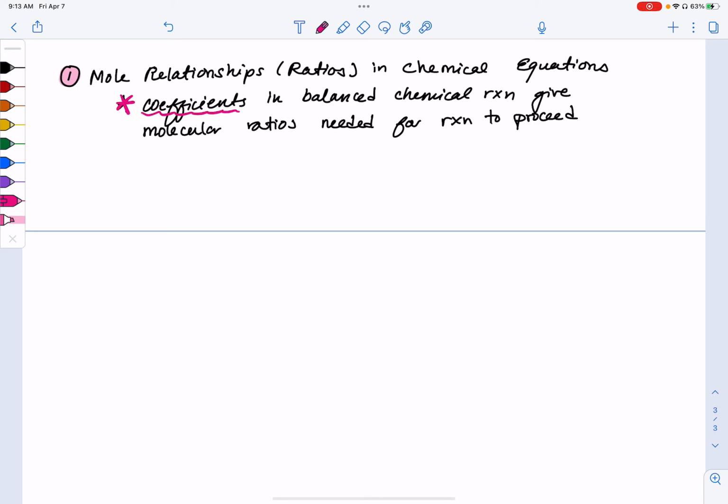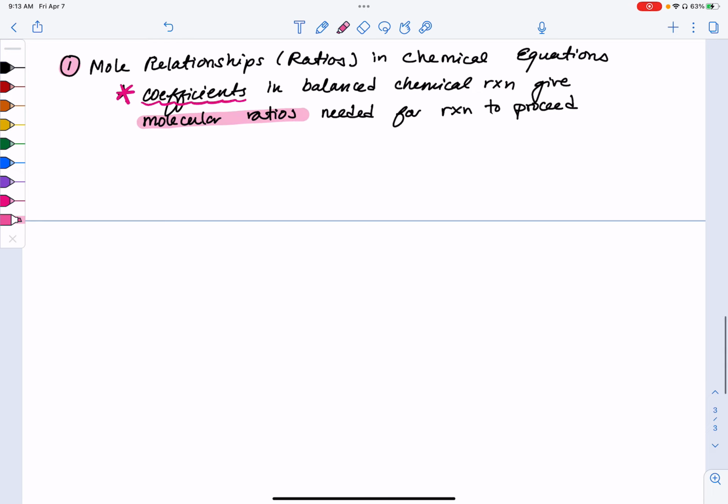So our coefficients are very important because these give us molecular ratios.